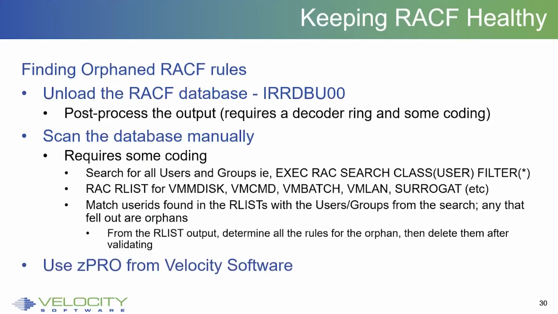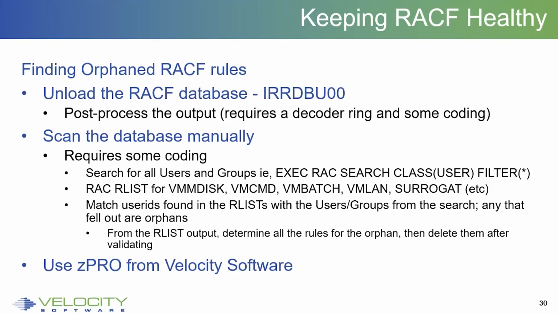Now, if you choose to go through and try to find all of those rules in your RACF database that are lingering for no good reason, it's not real easy to do. One way is to unload the RACF database using its utility that's provided and documented. And you can post-process that output.